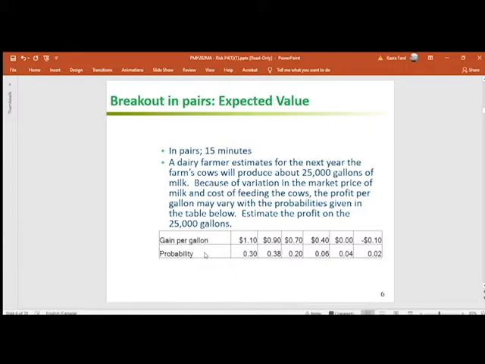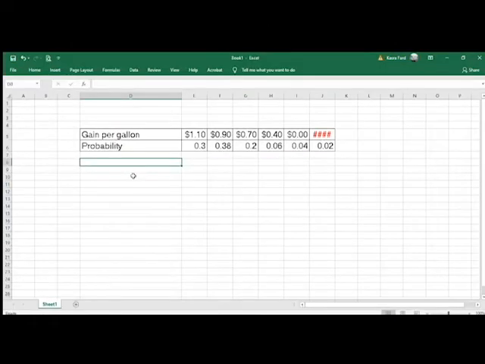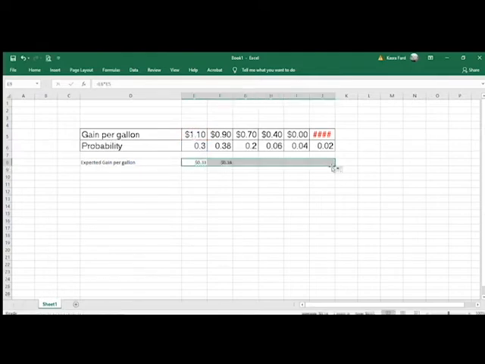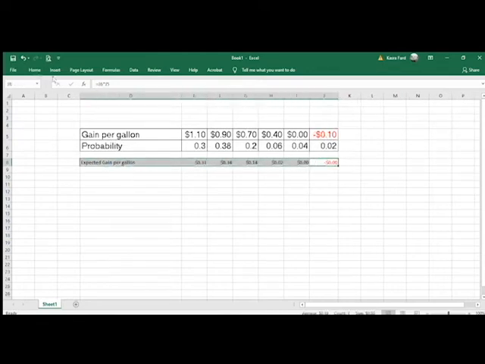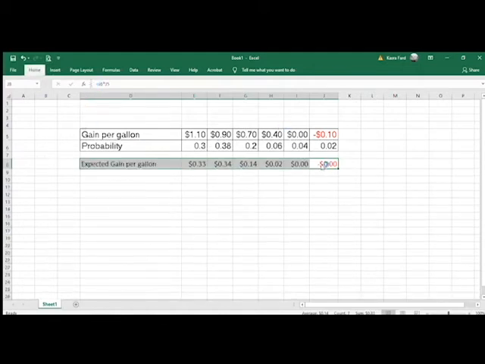So I'm just going to move to Excel for a second, where I have put these numbers, so I can do the calculations a little bit quicker. I'm going to find the product of probability and gain per gallon. So probability times gain per gallon. This is going to be the expected gain per each scenario, per each case.